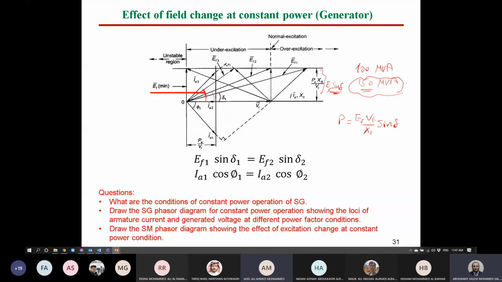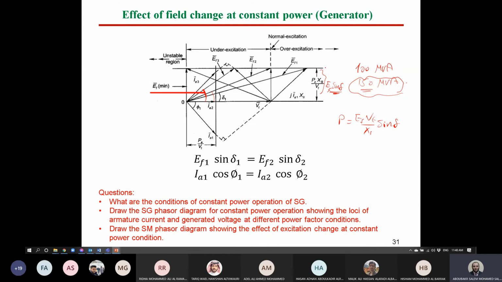Nice. Now, regarding this length, guys, we assume that V terminal is constant. This is the terminal voltage of the generator or the grid voltage, which should be constant all the time. And assuming X_S is also constant, this is the synchronous reactance of the machine. So this length now represents a constant power.